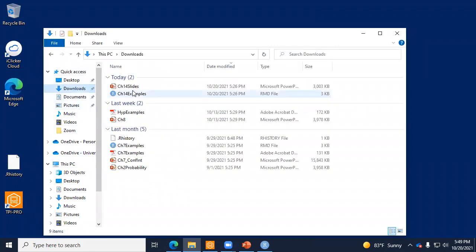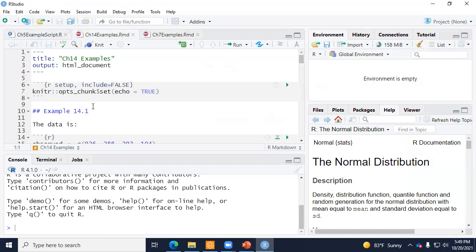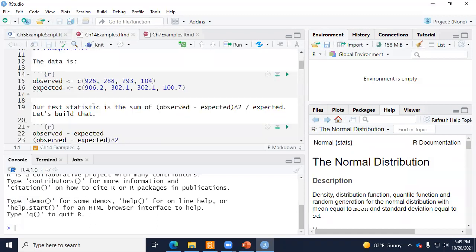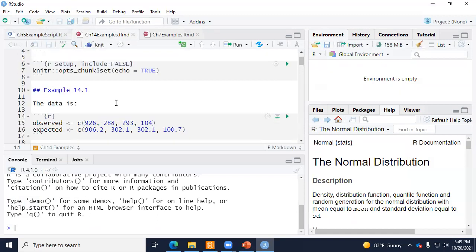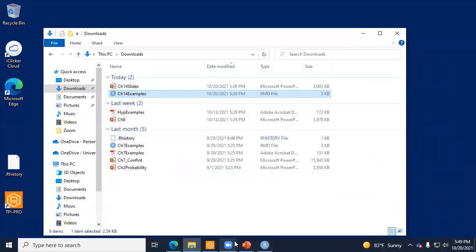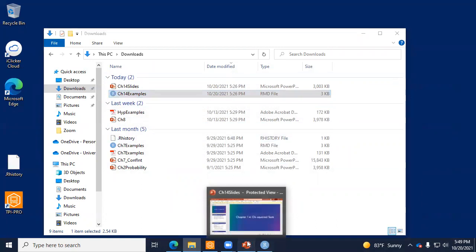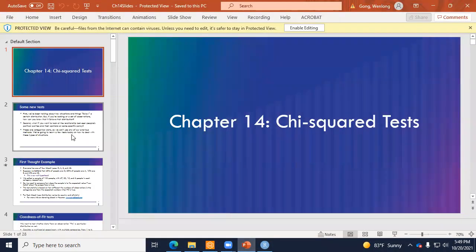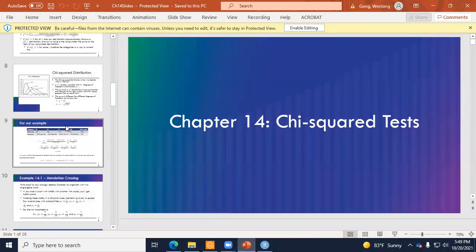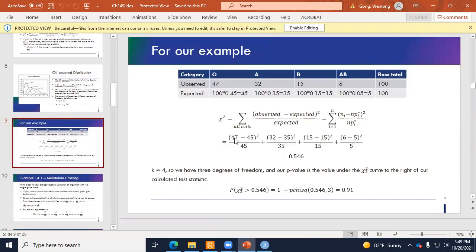I don't think I have that. The example I have does not include the blood type. But anyway, why did it get back to the start? All the details are already here.